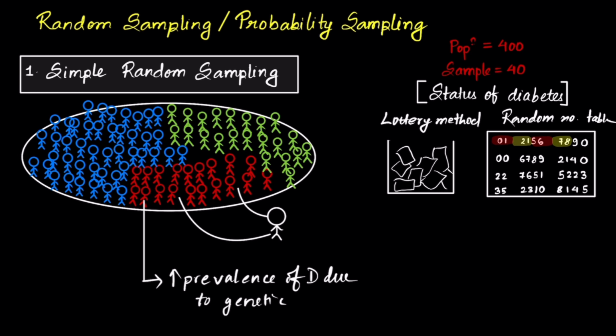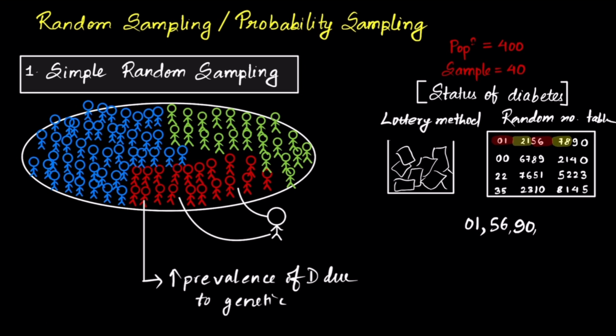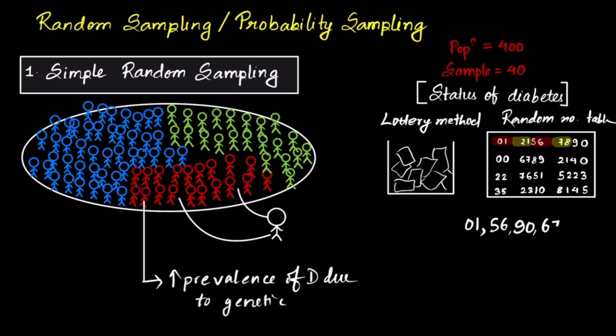But the problem is, let's say you use a random number table and the household numbers that you get are 01, which is basically 1, 56, then again remove 78, you get 90, remove 00, you get 67, remove 89, you get 21, and so on.